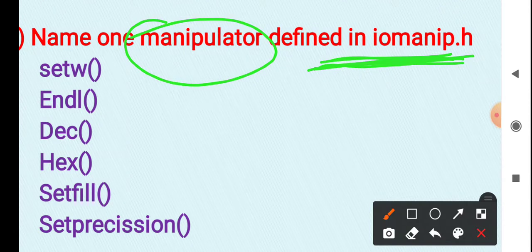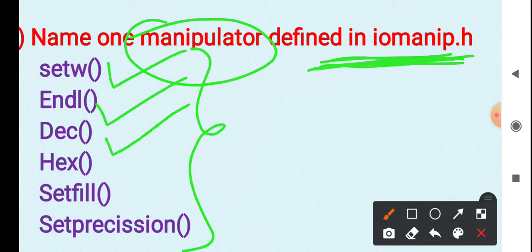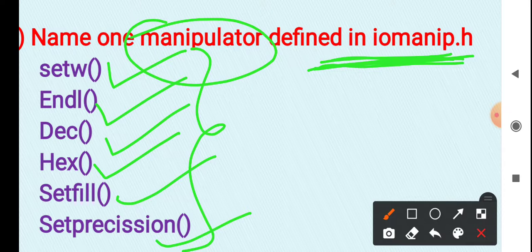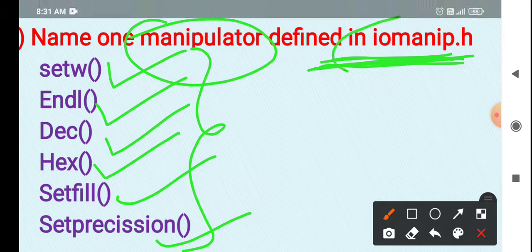There are many manipulators defined under iomanip.h. Some of them are setw, endl, dec, hex, setfill and setprecision. Out of these you can write any one manipulator, as long as it is defined under iomanip.h.